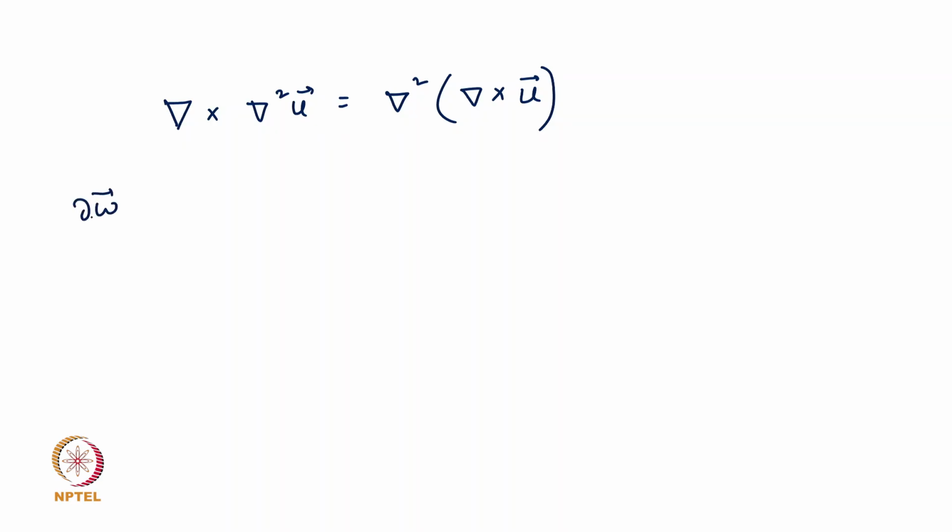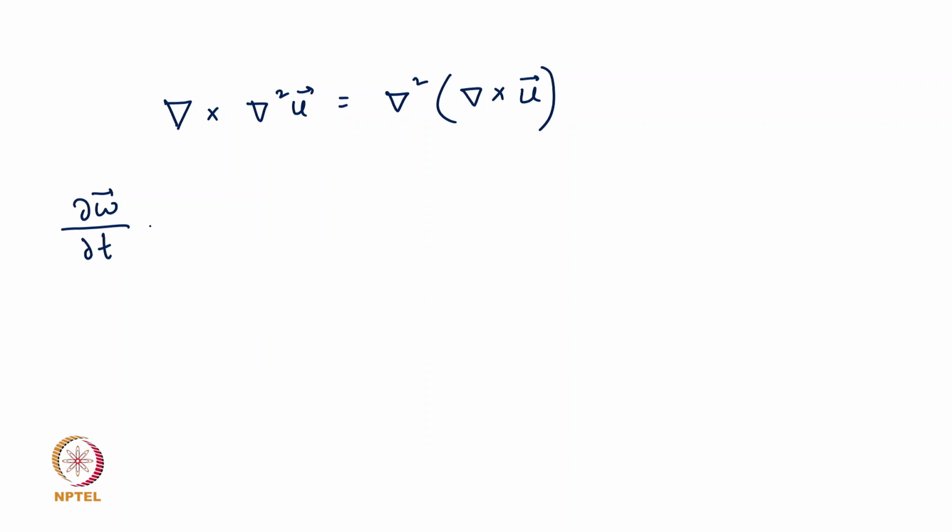Now the curl of the gradient of a scalar function is 0, hence the second term, that is the gravitational potential term, goes to 0, and we use the fact that for these two operators the order of the operations can be exchanged, and this can be proven.